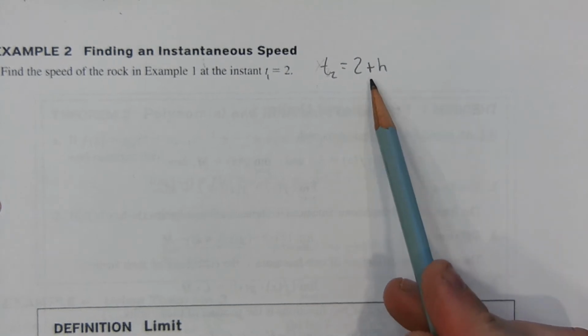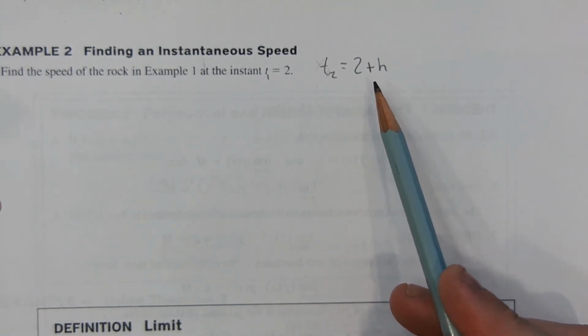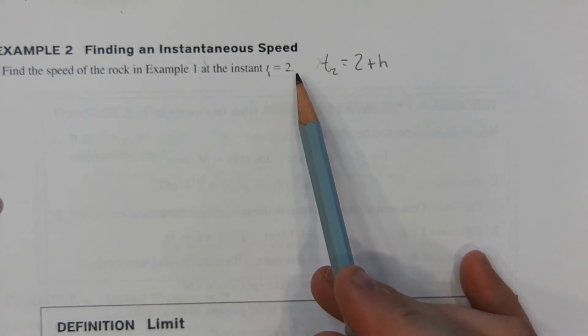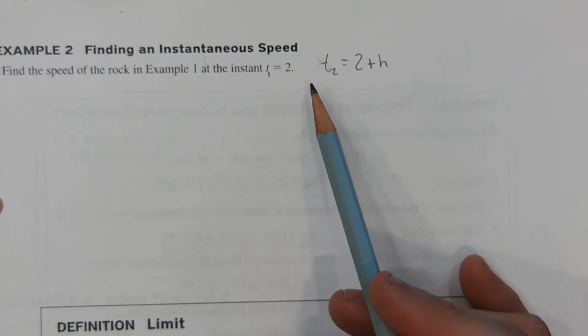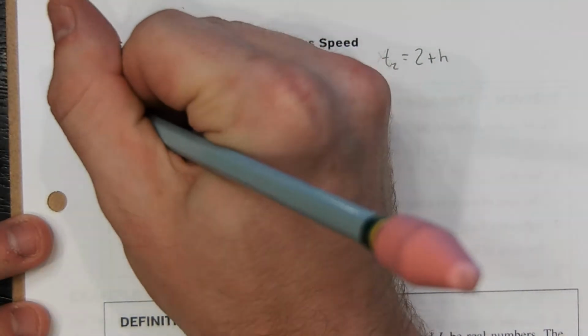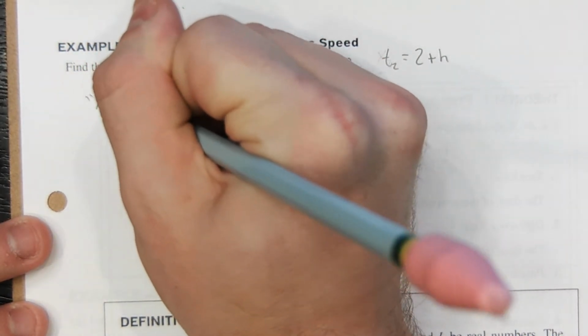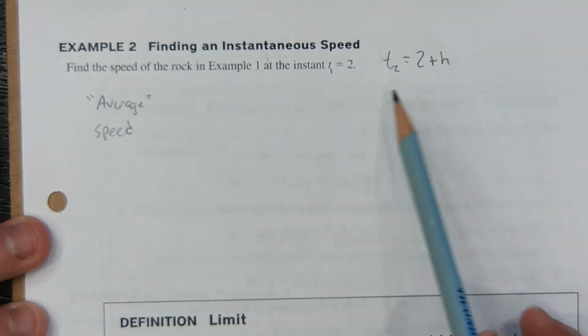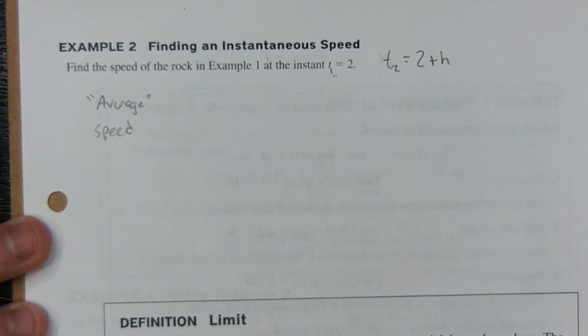So this point, as long as h is positive, would be just a hair to the right of time equals 2. Just a hair. So let's find the average, in quotations, speed between these two t values.